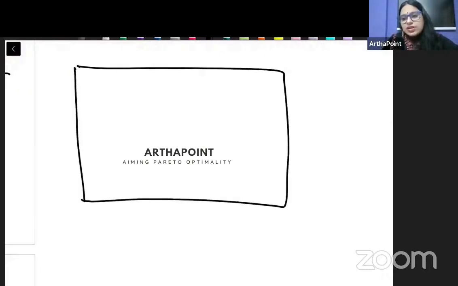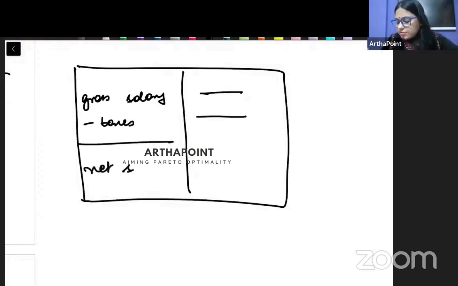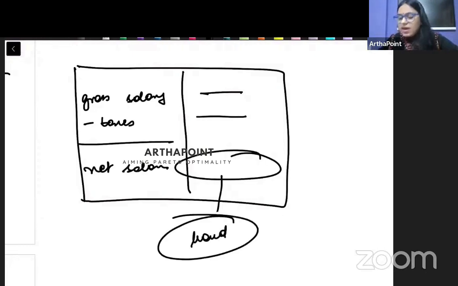Whenever you see your salary statement, it has two parts to it. Gross salary, कि आपकी salary है कितनी. Less taxes, जो पहले ही कट जाएंगे. It will be taken by your company only. And then it will have net salary. This is what you will get in hand. यही मिलेगा आपको.